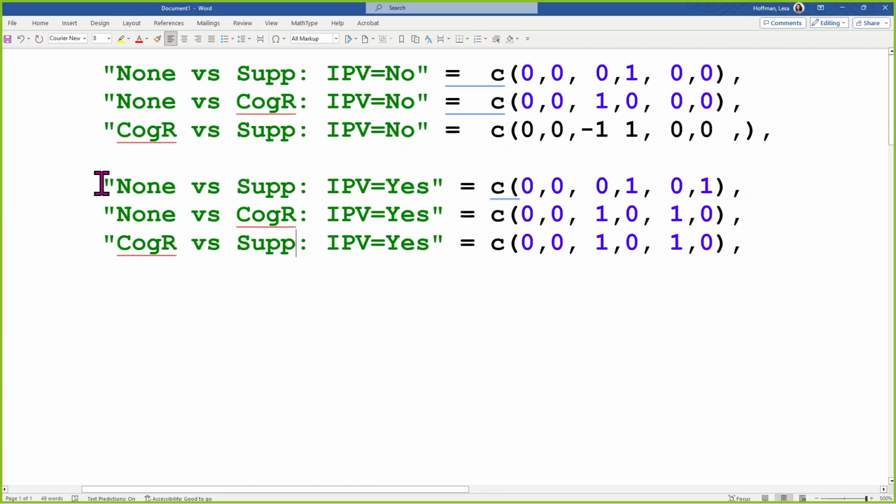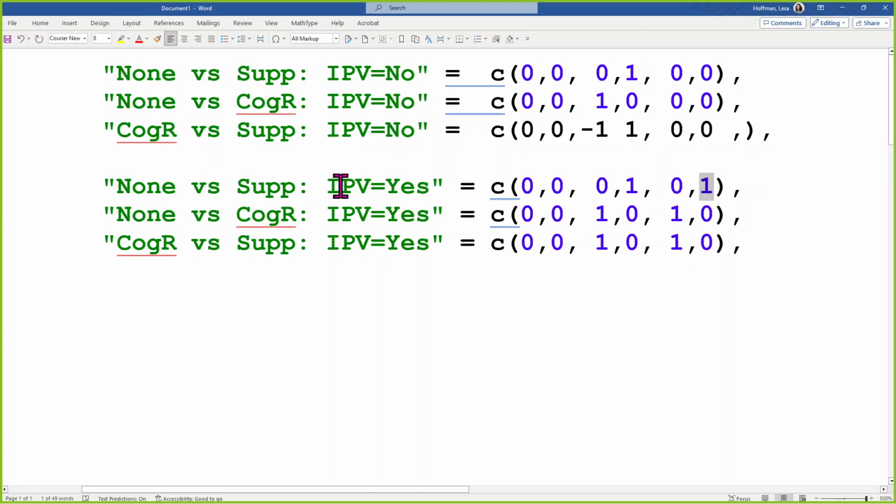So in this first one, if I want to know what is the difference between none versus suppression for the other group of the interaction term, well, this much gives me the main effect of none versus suppression. That's the second main effect of the grouping variable. But to get to what it is for the other group of the moderator, IPV equals yes, I got to turn on the interaction term.